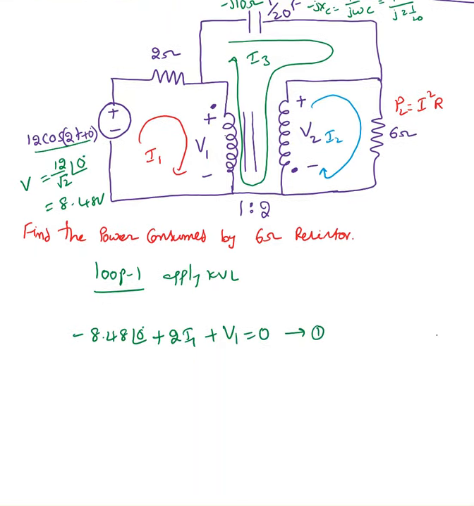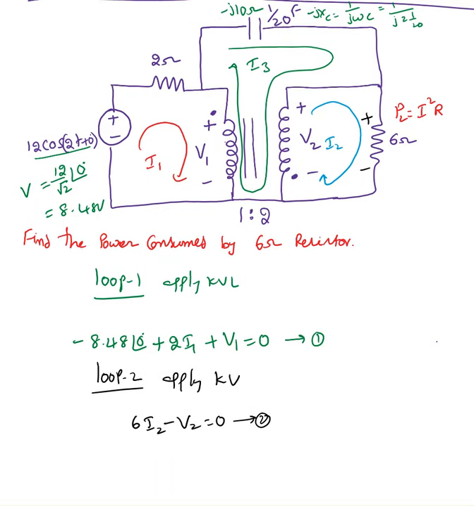Now the second equation is loop 2, apply KVL. According to my I2 direction, plus minus minus plus, so basically 6I2, I'm entering the positive, and here I'm entering negative, minus V2 equal to 0. This is my second equation.